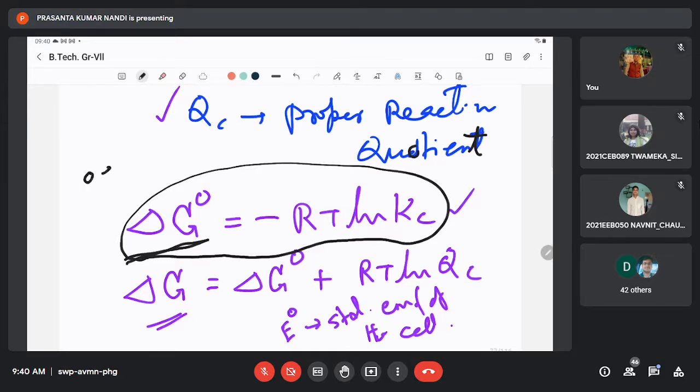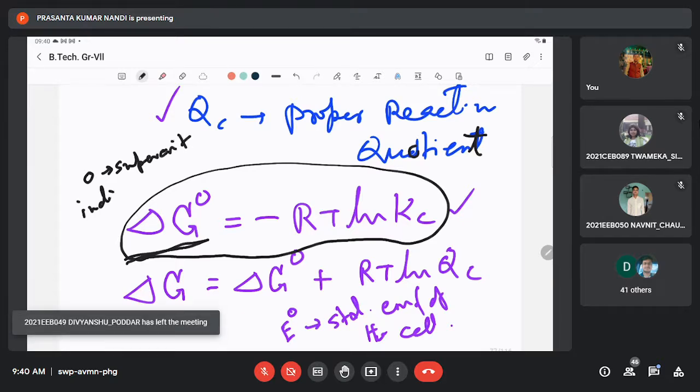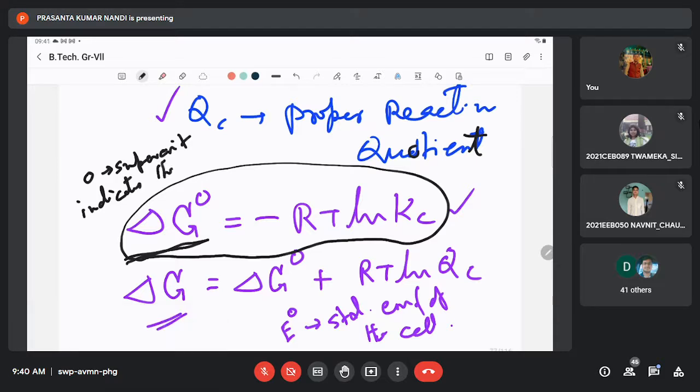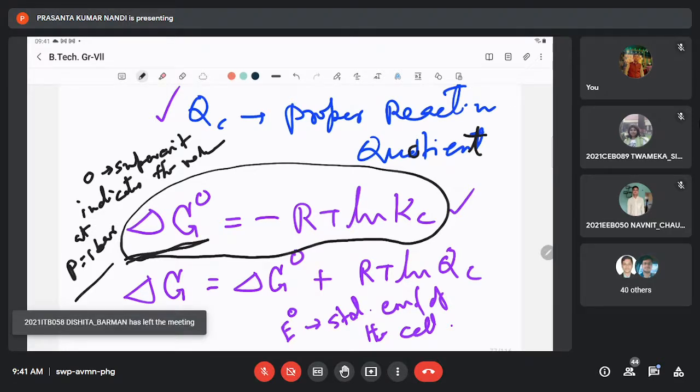Rather, the 0 superscript indicates the value at P equal to 1 bar, right? And the temperature may be anything, not necessarily 298 Kelvin.